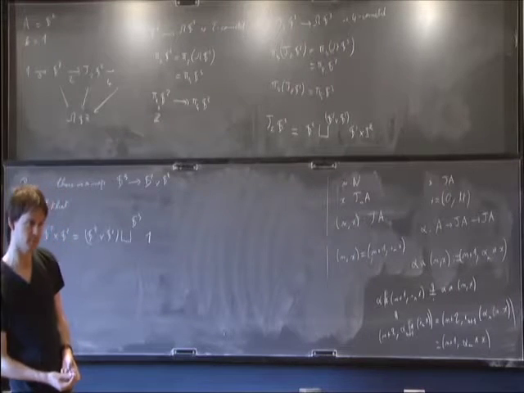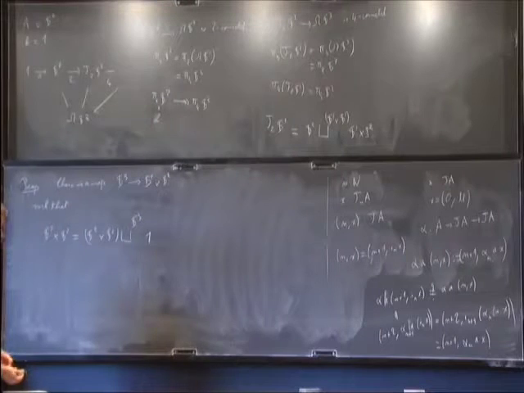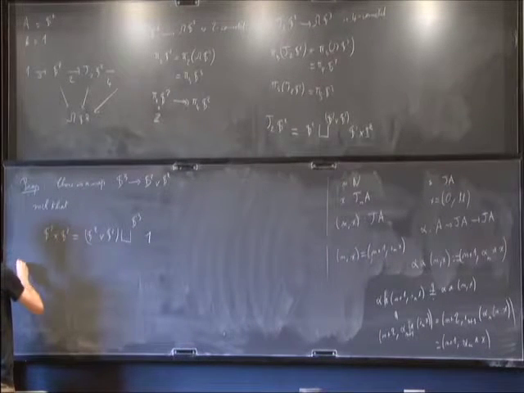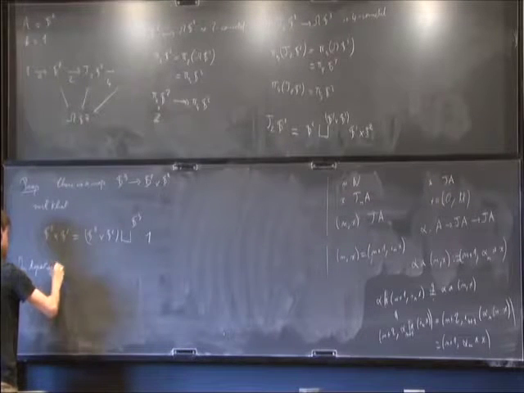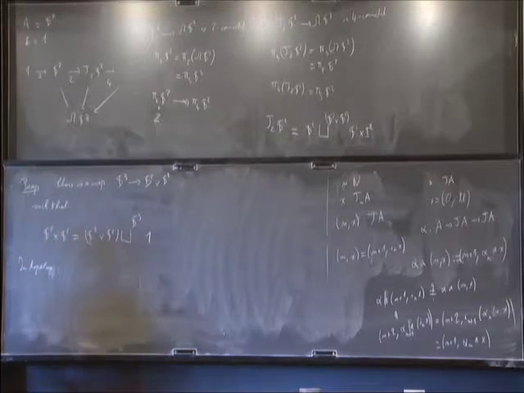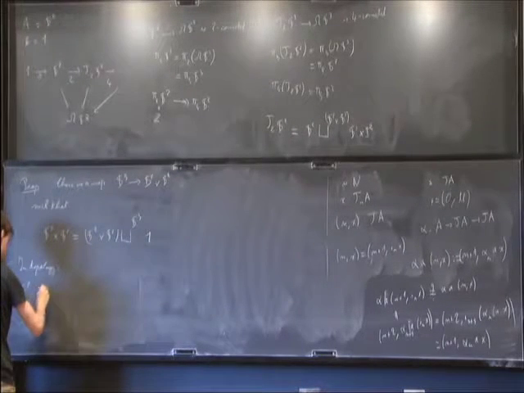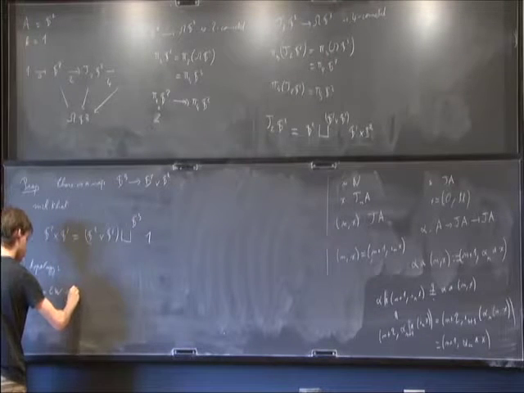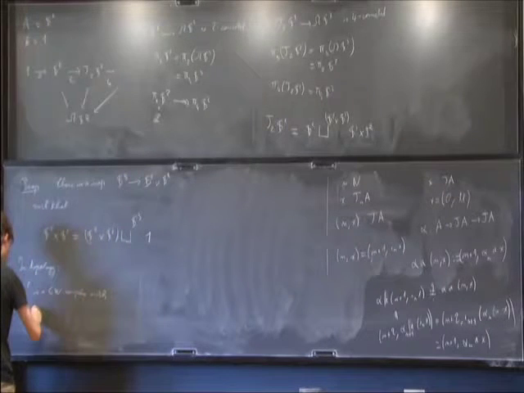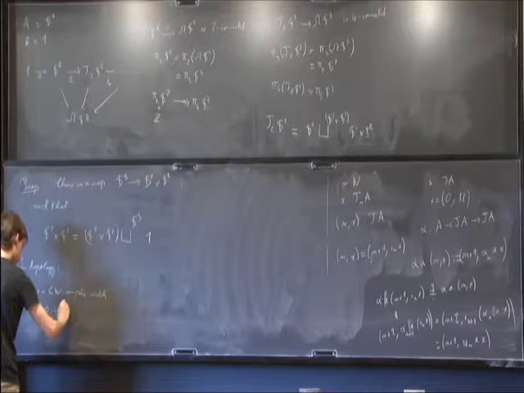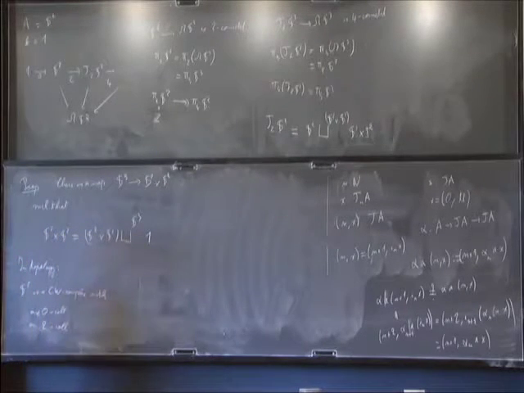Okay. So in topology, this is very easy to prove, actually. You can do the following. You say, what is S2? S2 is a CW complex with one 0-cell and one 2-cell.